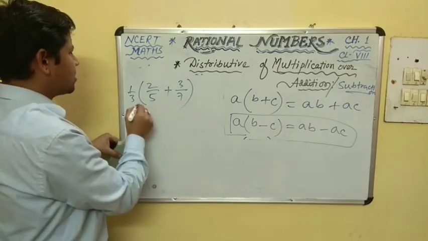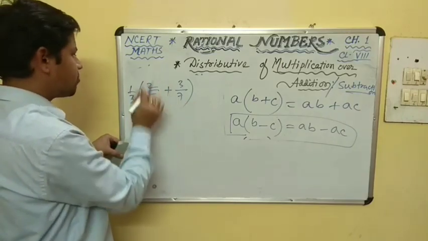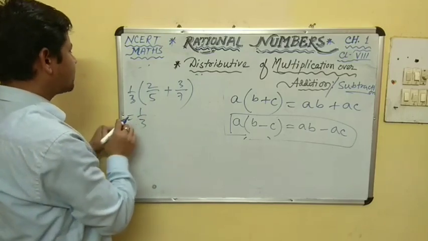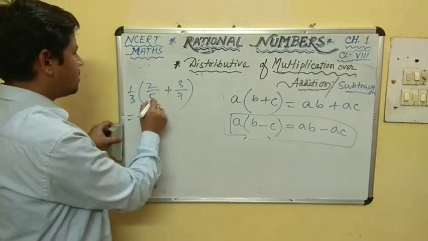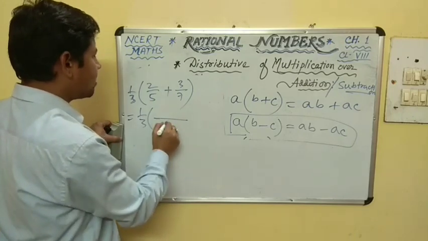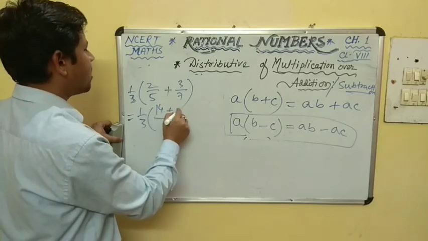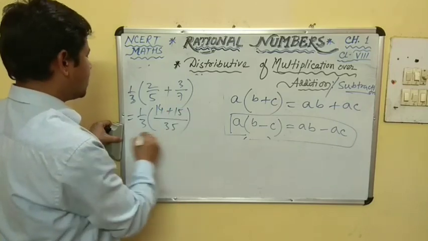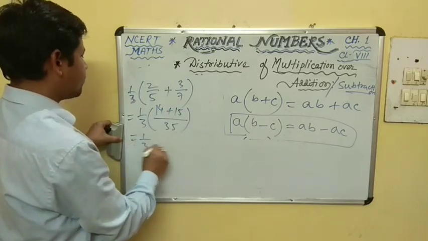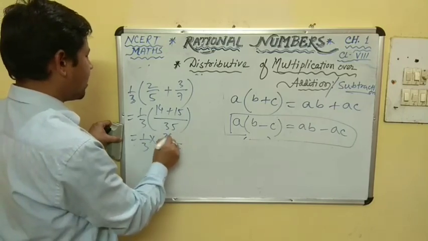So what will it be according to this property? 1 by 3 into, with the common denominator 5 times 7 is 35, 7 times 2 is 14 plus 5 times 3 is 15, and the result becomes 1 by 3 into 29 by 35.